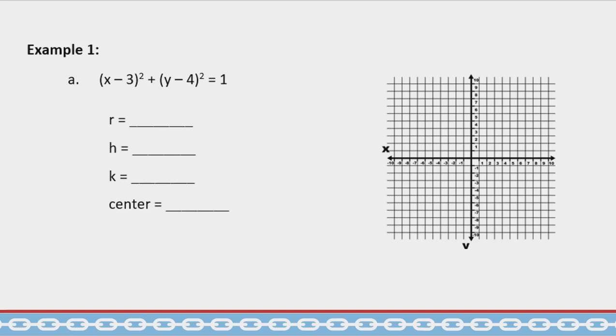So looking at example 1, I see my h value will be right here with x, right? It's in parentheses, so my x value is going to be a +3. My k value is right here with the y, and I have a k value of +4.